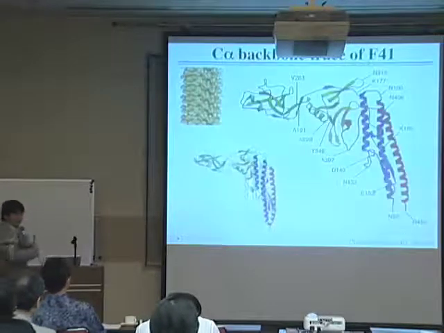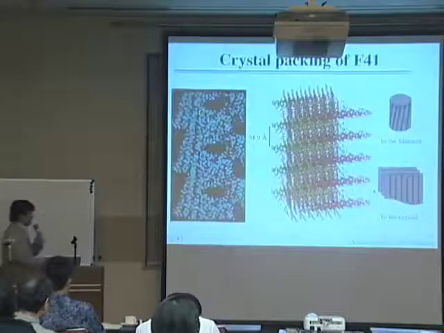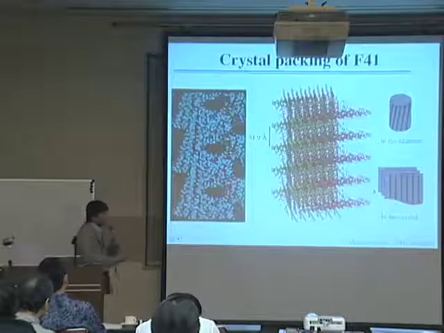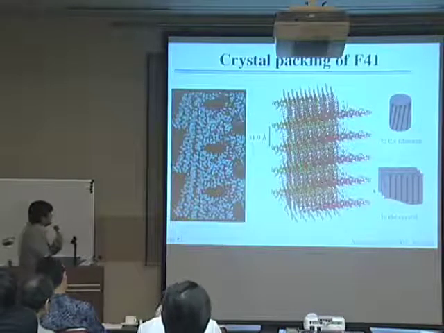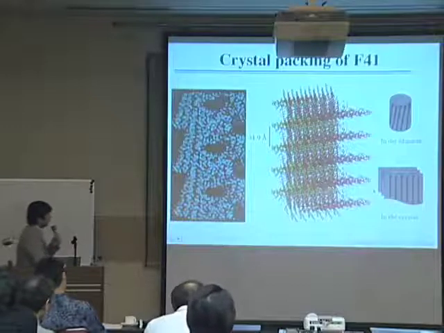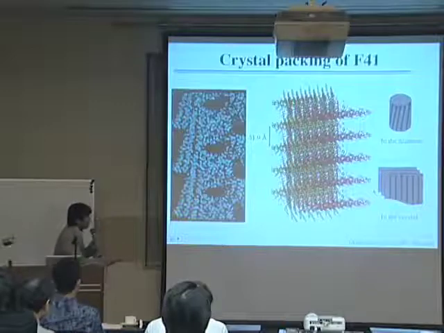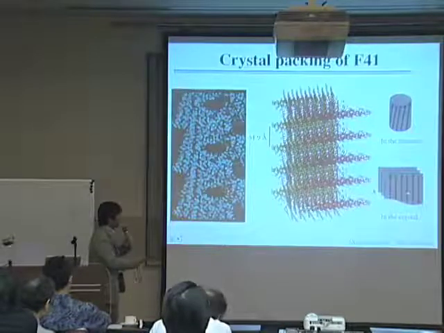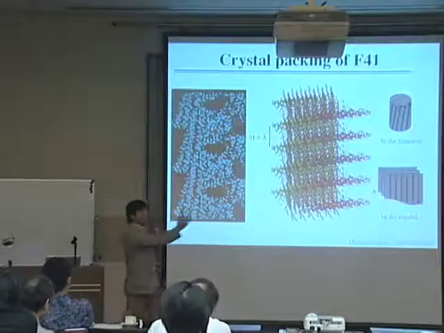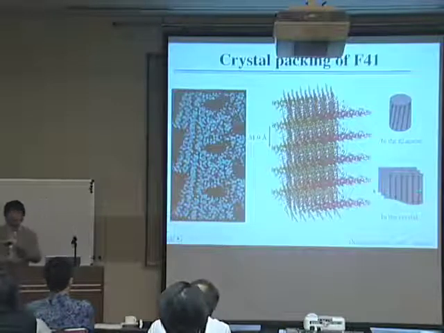So then, we got structures like this, and fortunately, we have the protofilament in the crystal. So here, it's shown. Our crystal is a part of the protofilament, in an up and down manner, and this up and down conformation forms some sort of sheet, and this sheet starts to form a 3D crystal.